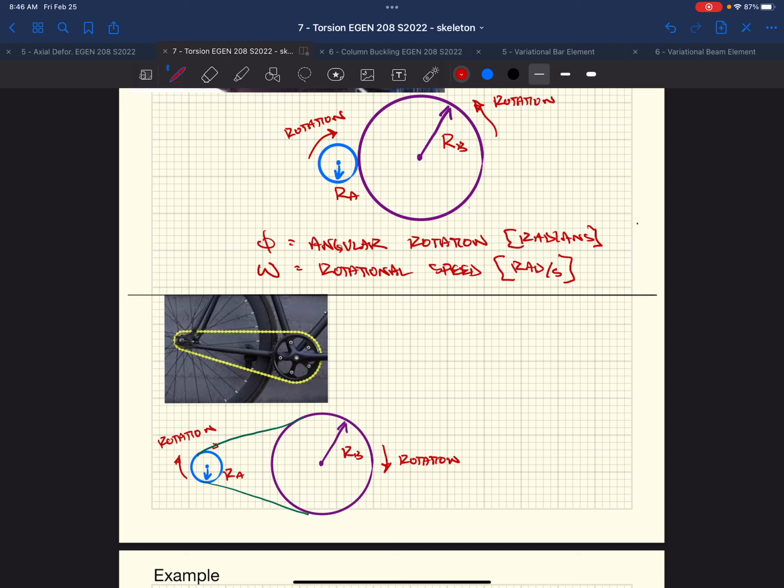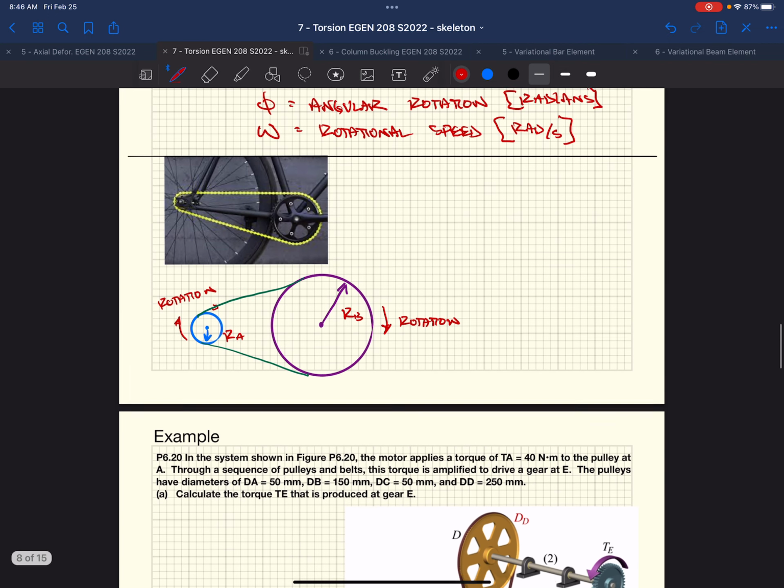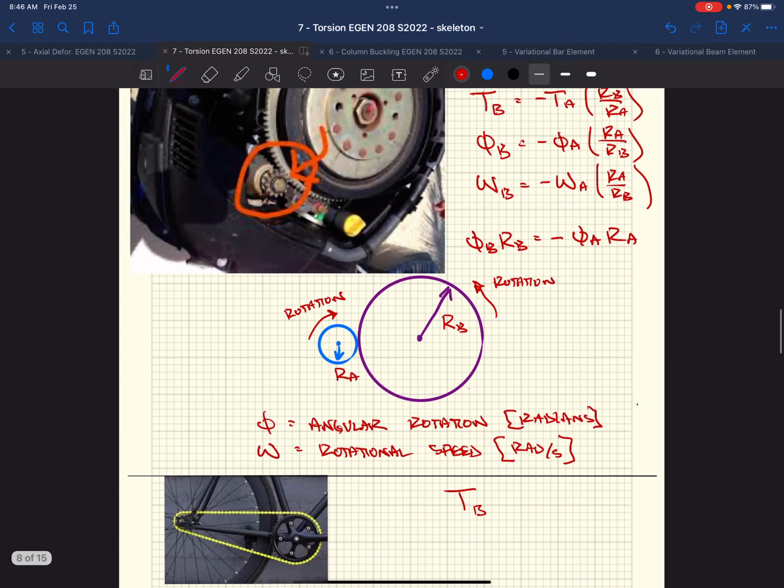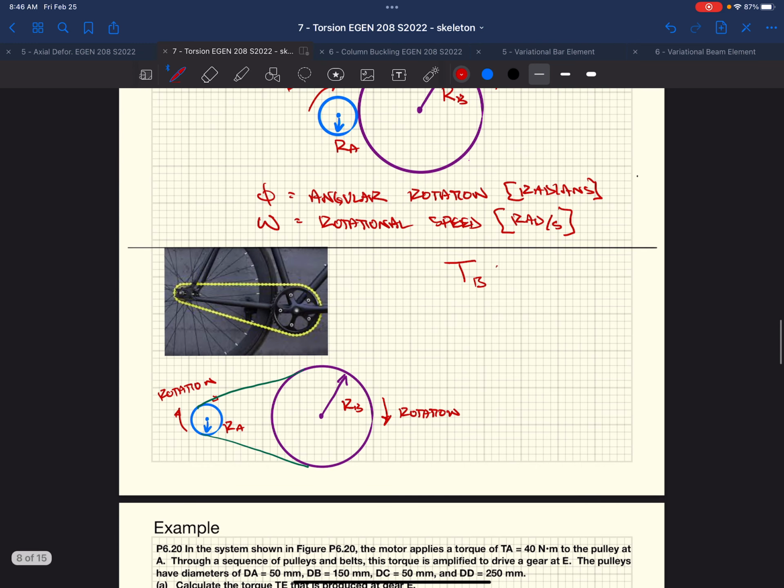Then at that same point on the gear at B, it has to move 5 links to the right. And so we can come up with the exact same relationships, where we have the torque at B, but now our signs are the same, right? Torque at A times the radius at B over the radius at A.